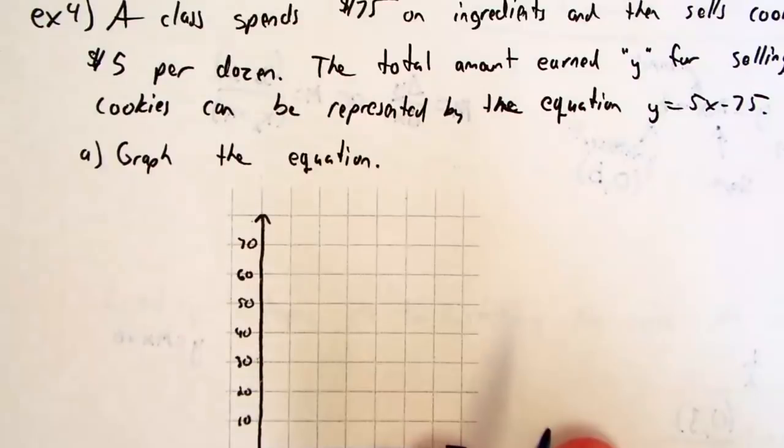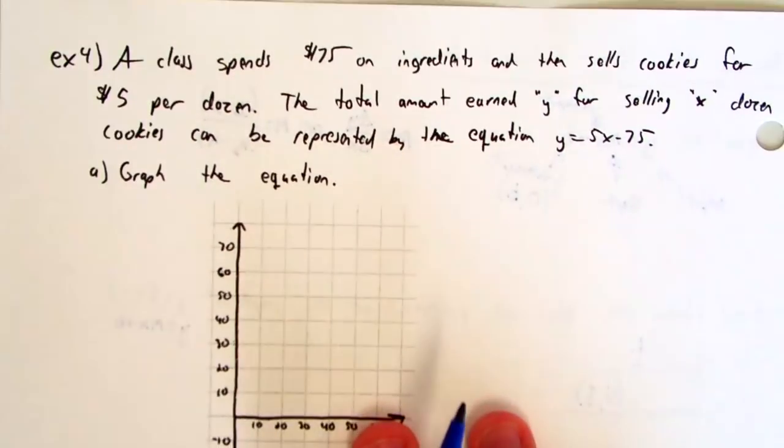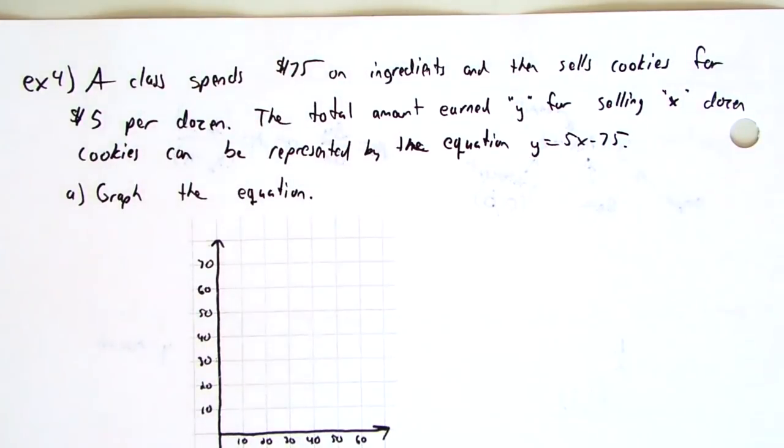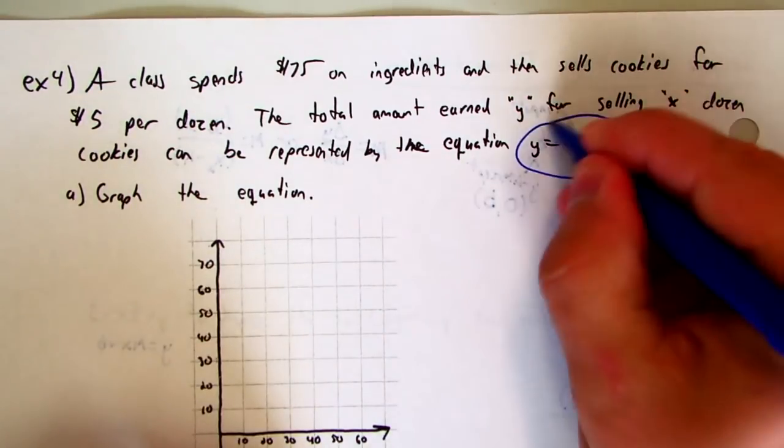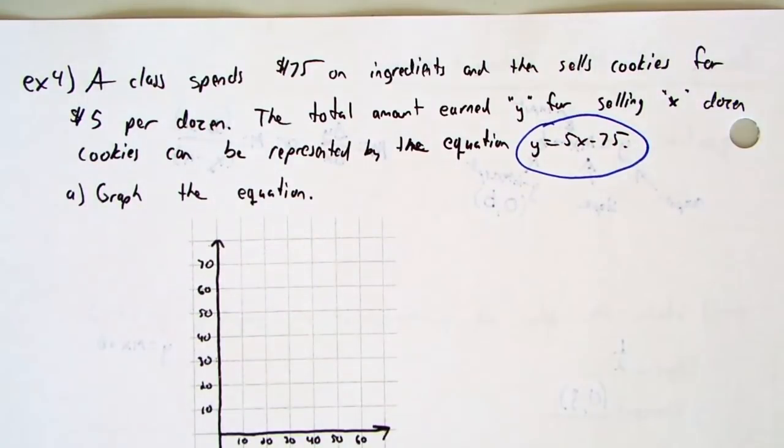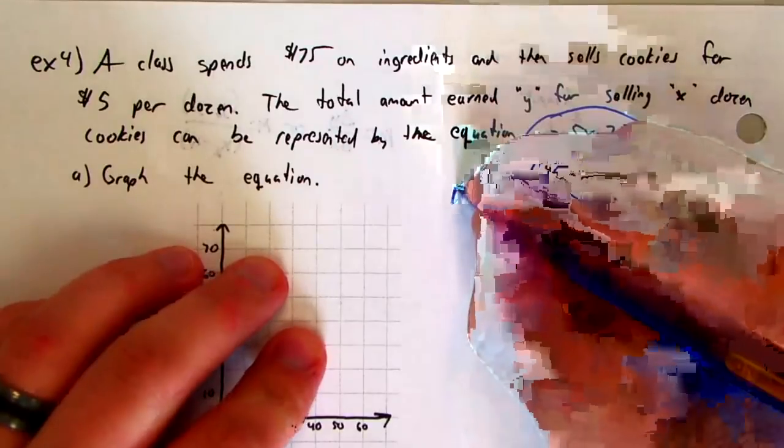All right, let's look at one more example here. It says a class spends $75 on ingredients and then sells cookies for $5 per dozen. The total amount earned, y, for selling x dozen cookies can be represented by the equation y equals 5x minus 75. That's important. So graph the equation.